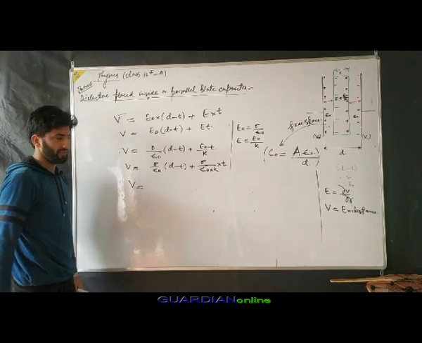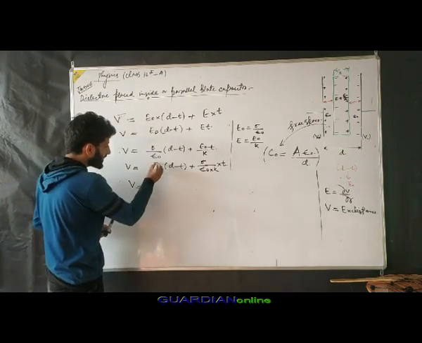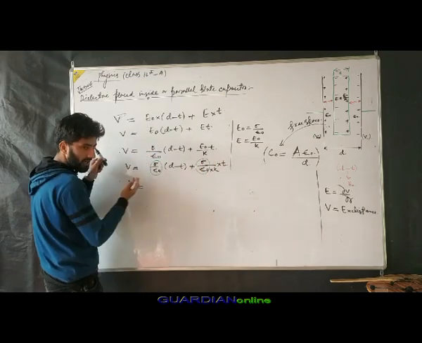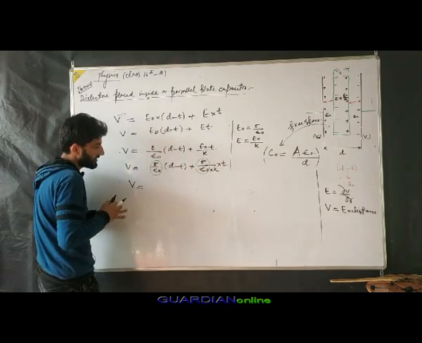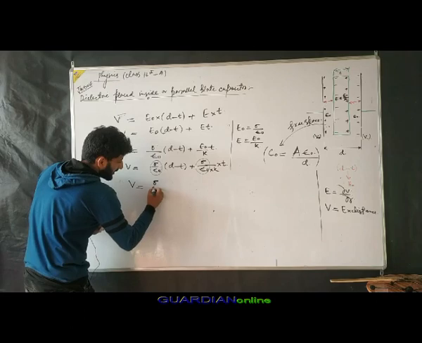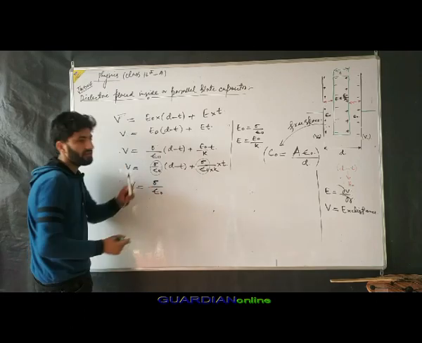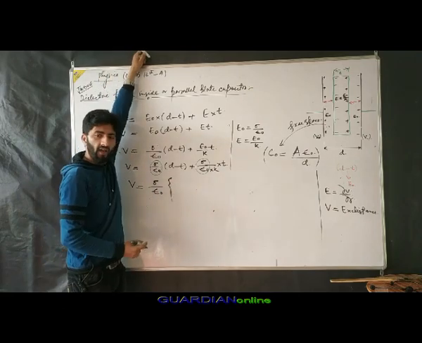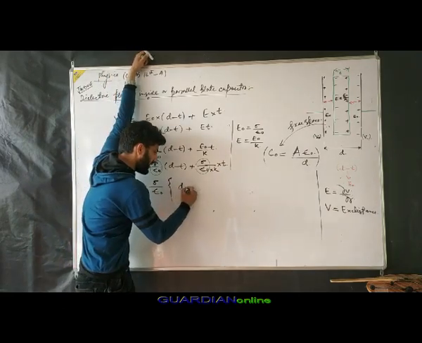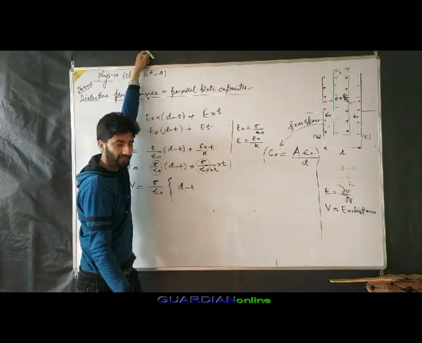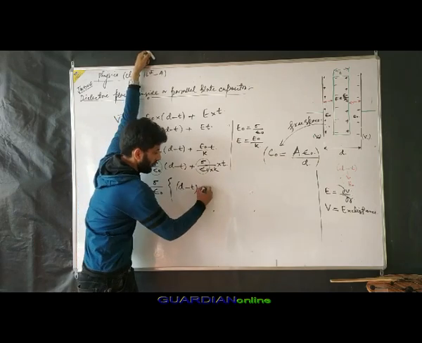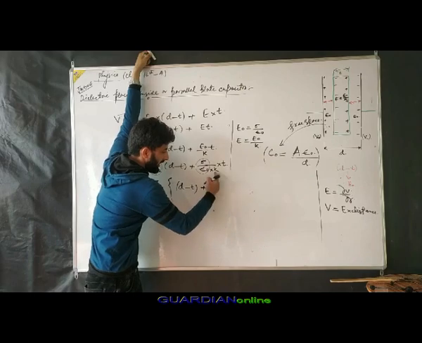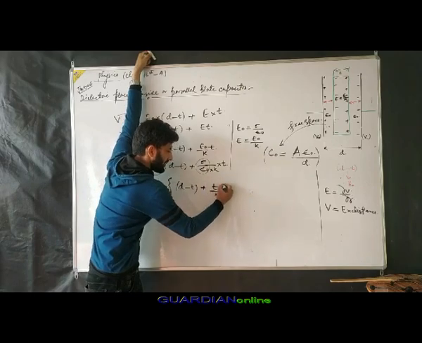Now the potential difference V is equal to sigma by epsilon naught, which is the same term and common, so we can take out sigma divided by epsilon naught. What you can see is this is D minus T, plus this is T divided by K here.